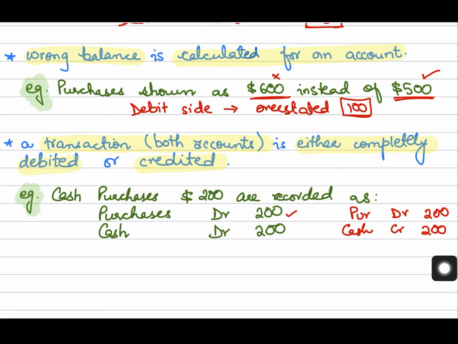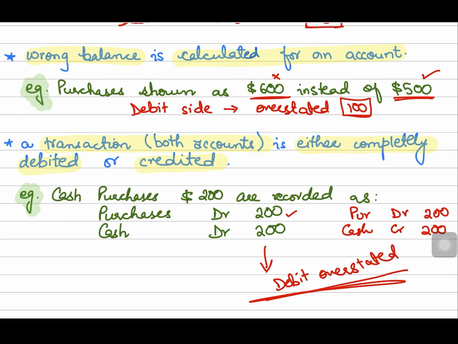So this is another example of an error which will be revealed by the trial balance. Now what will happen? Purchases are correctly recorded, no problem in the purchases account, but the problem is in just one account, that is cash. Instead of decreasing it, we have increased it, and because of that, our debit side of the trial balance will be overstated and it will be revealed by the trial balance.